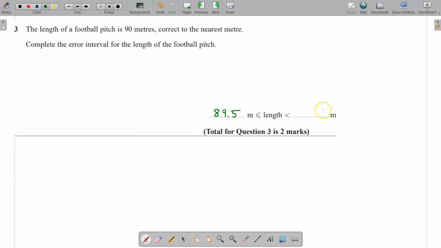The maximum it could be is up to, but not including, 90.5. You'll notice the inequality sign's already been correctly done for you, because that's up to, but not including 90.5. And that's the answer.